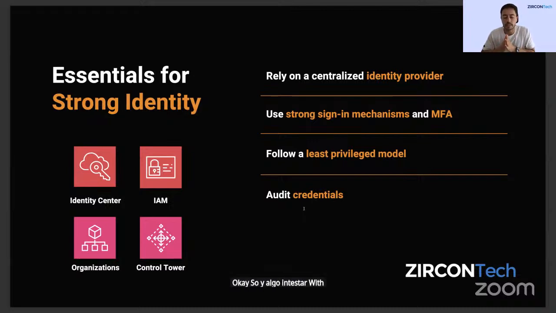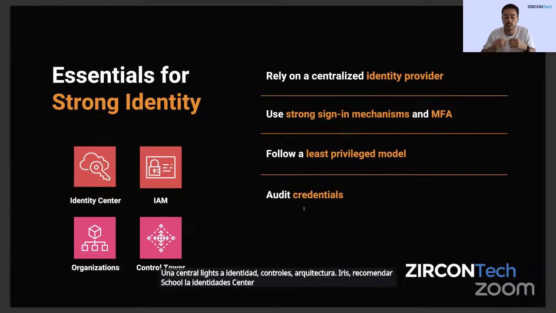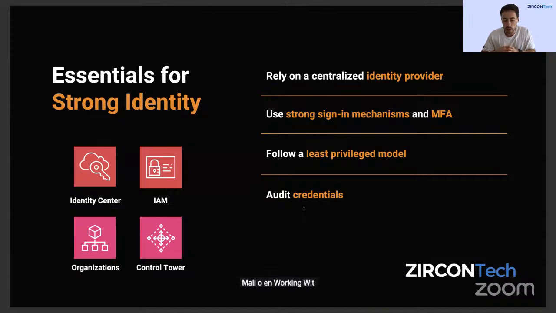And for this, it is important to be able to rely on a centralized identity to ensure that we have control access to our architecture. It is recommended that we work with a service called Identity Center to manage external users, mainly when working with large accounts, maybe multiple departments.